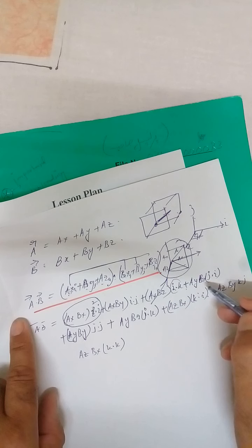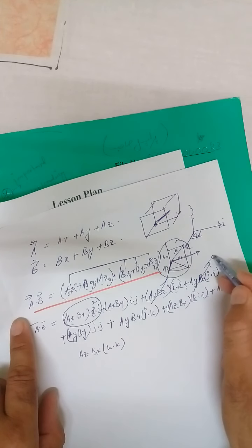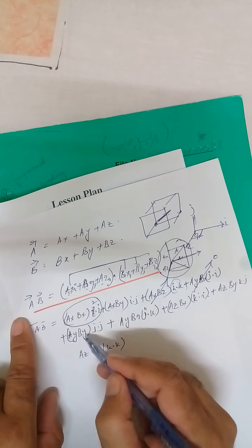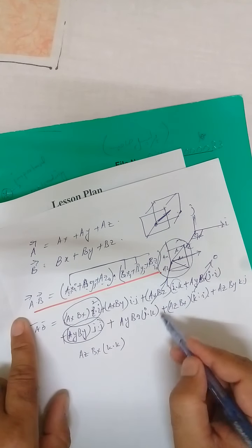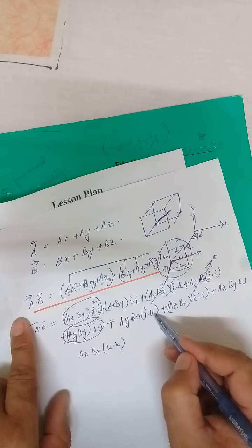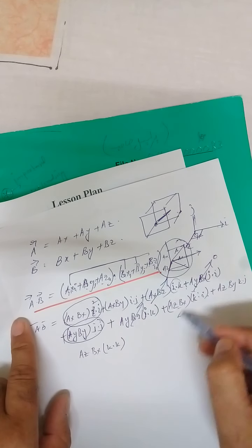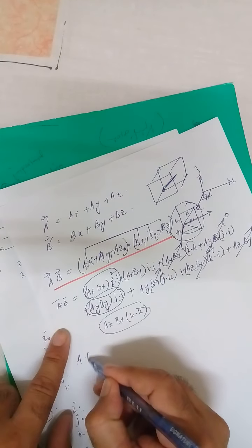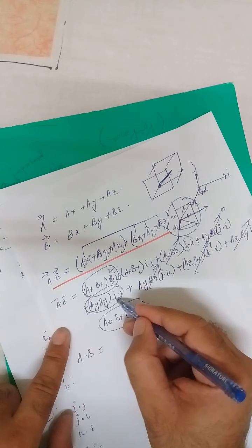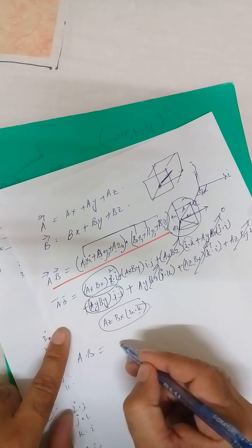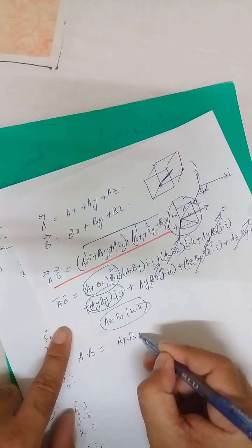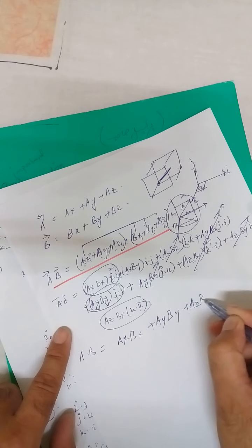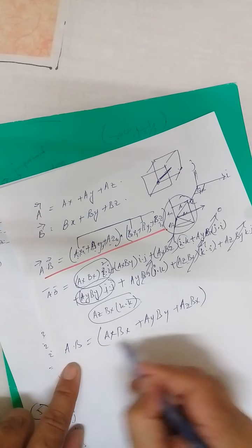This component will be 0. j dot i will be equal to 0. j dot j, again along the y axis, is equal to 1, so it remains. And similarly j dot k is 0. So for a dot b, since i dot i is 1, j dot j is 1, k dot k is 1, the simple answer will be ax bx plus ay by plus az bz. So this is the answer.